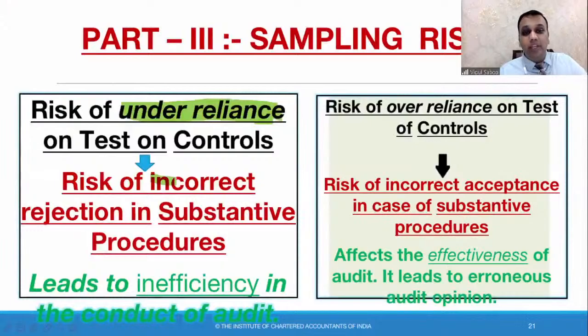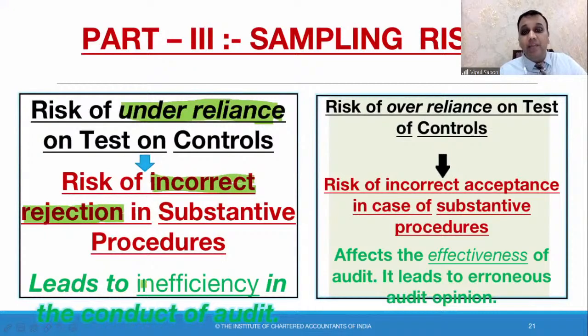So there could be incorrect rejection. You might be quite conservative in your approach and you might be rejecting some statements which are actually correct.